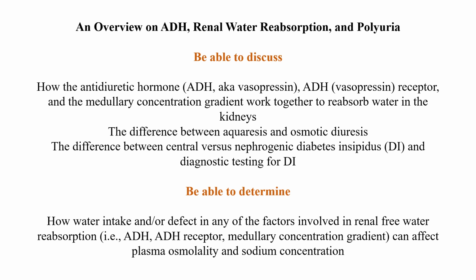You should also be able to determine how water intake and/or defect in any of the factors involved in renal free water reabsorption can affect plasma osmolality and sodium concentration.